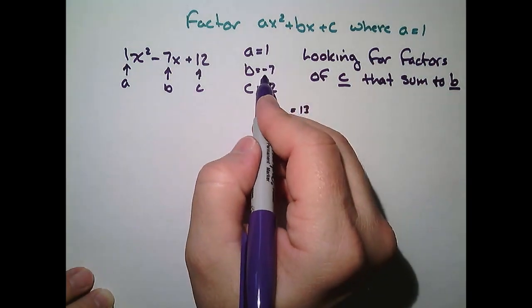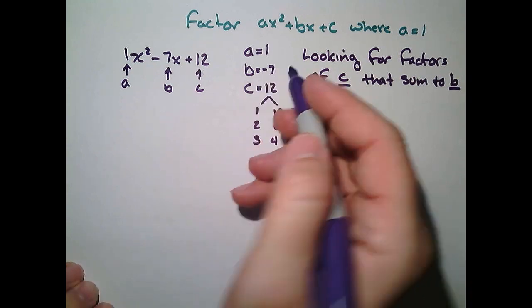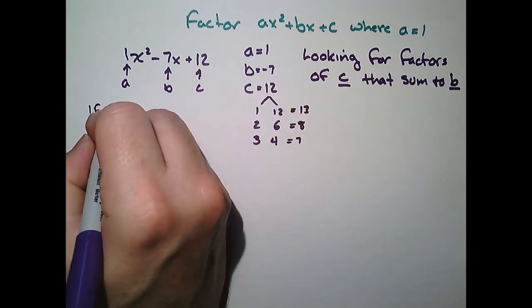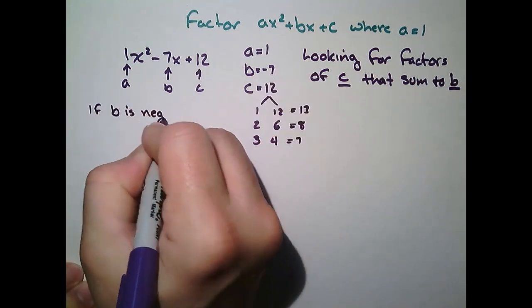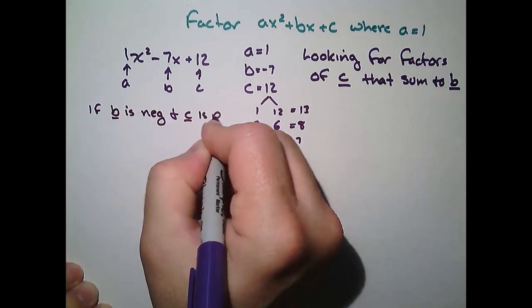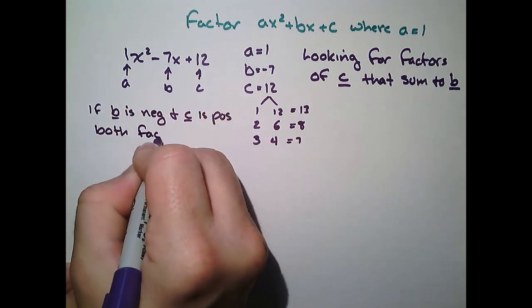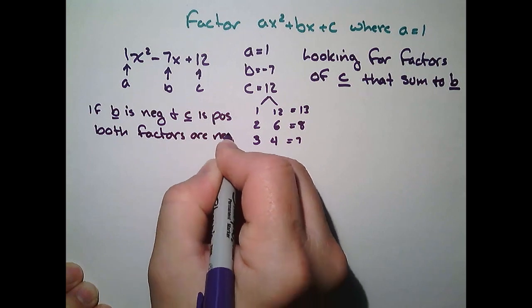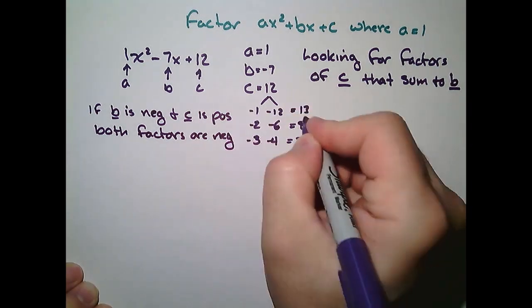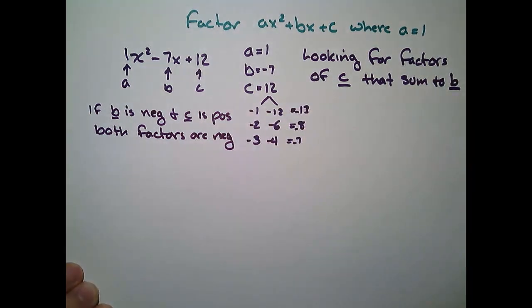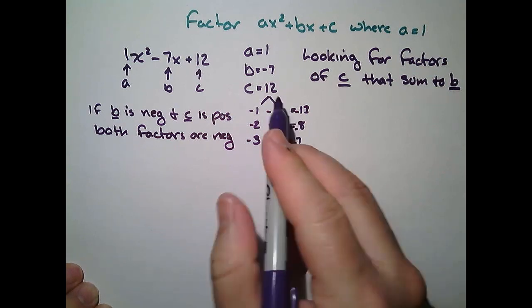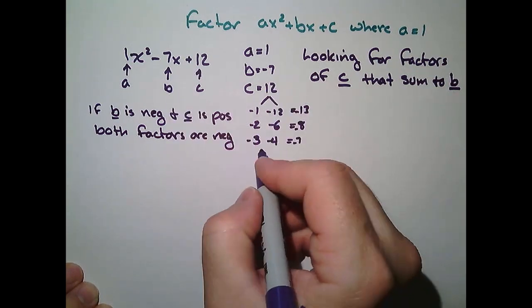So what we have to look at is the fact that b is a negative 7 and c is a positive 12. So if the b is negative and c is positive, then both the factors are going to be negative. So let's make all these negative. And now we have a negative 7. So negative 3 plus negative 4 does equal negative 7.